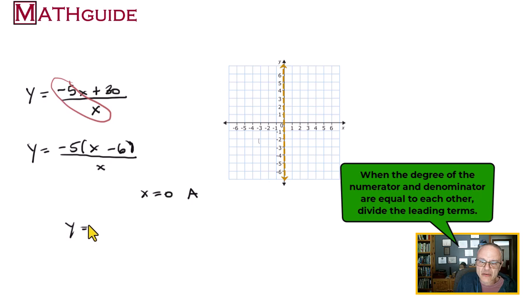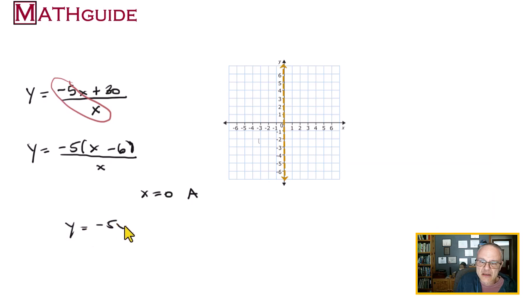If I put this over this, you're going to get y equals -5. And that's going to be your horizontal asymptote.